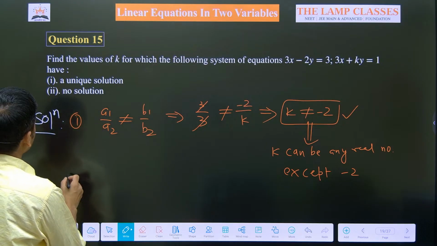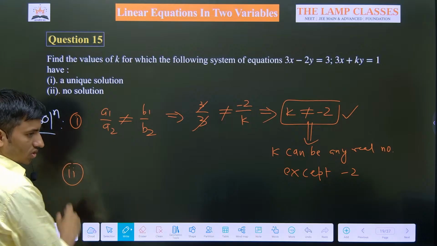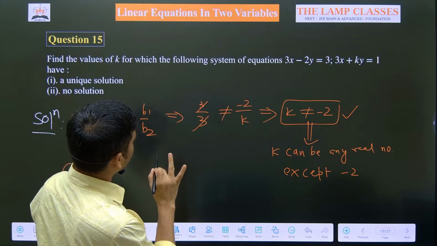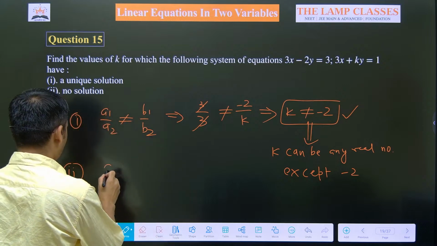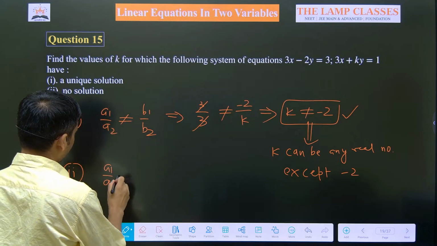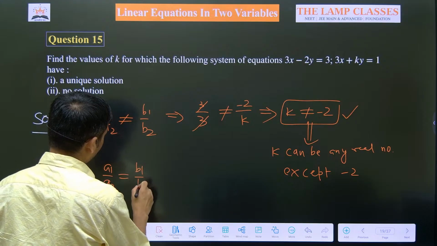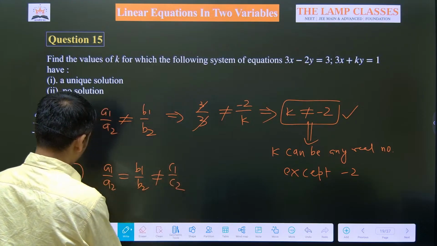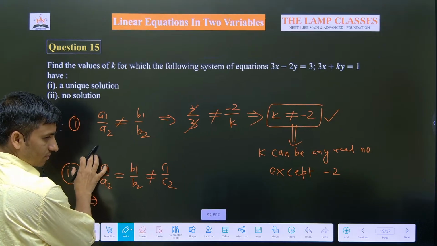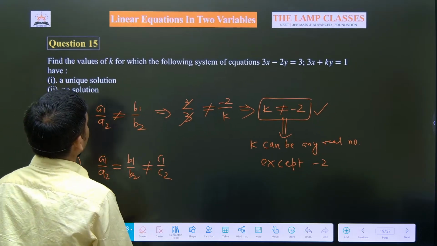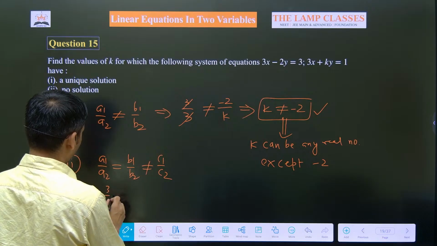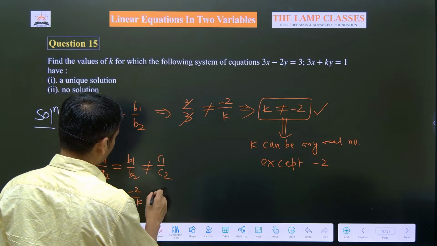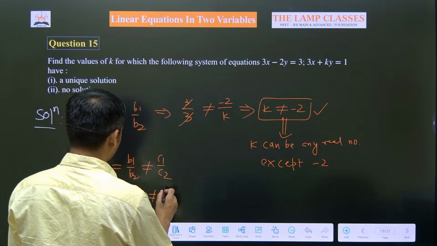And then the second part says there is no solution. For no solution, a1 upon a2 should equal b1 upon b2, and that should not be equal to c1 upon c2. Let's put these values here. So 3 upon 3 is equal to minus 2 upon k, and that should not be equal to 3 upon 1.